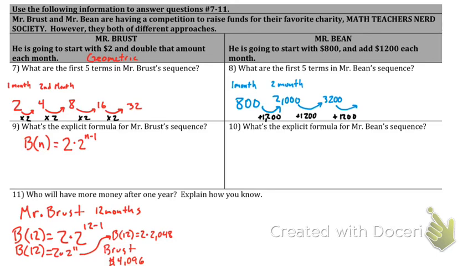We got 4,400. And then one more month. Plus 1,200. And we got 5,600.